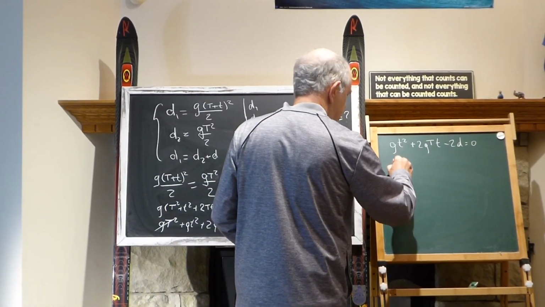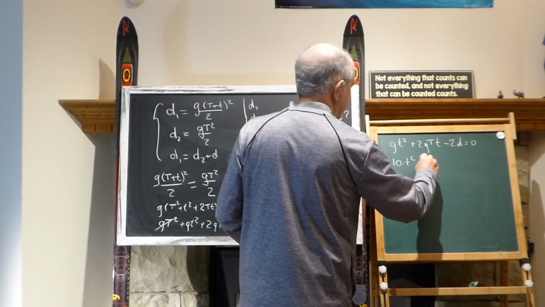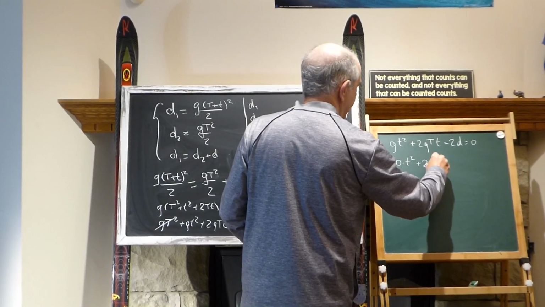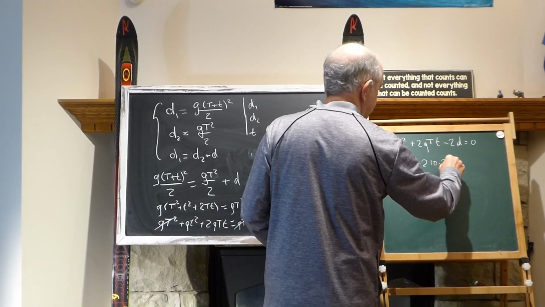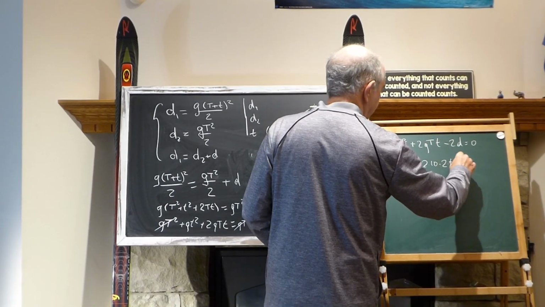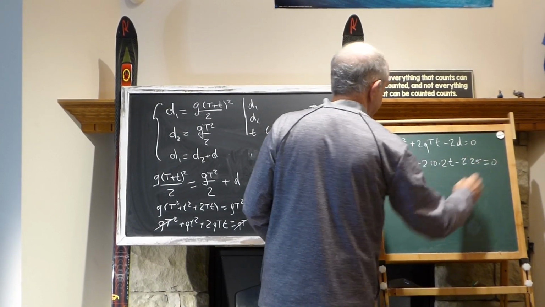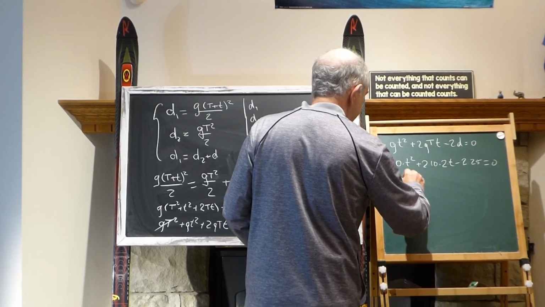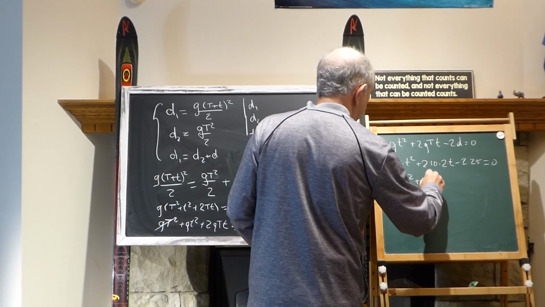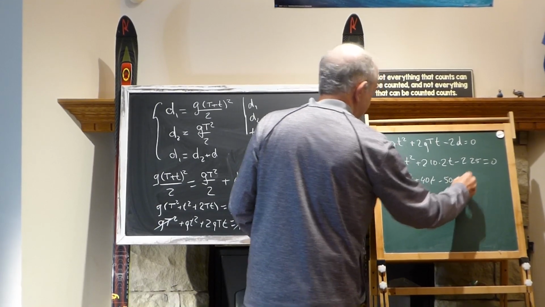And let's put some numbers here. Instead of g we put 10: 10 t squared plus 2 multiplied by 10, T capital is given to us, it is 2, times t lowercase, minus 2 multiplied by 25 equals 0. So we have 10 t squared plus 40t minus 50 equals 0.